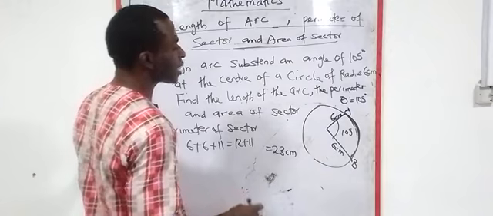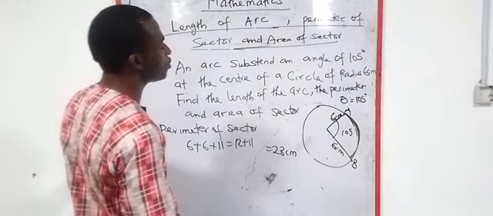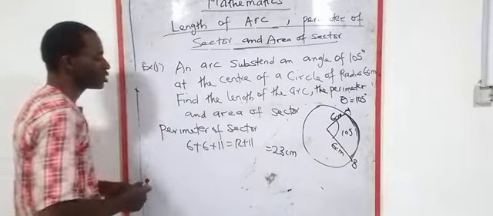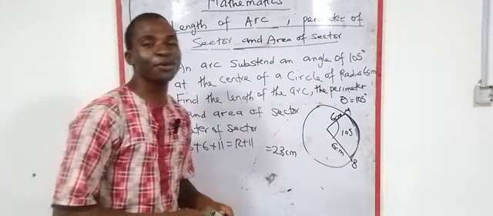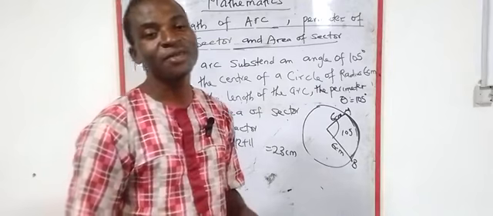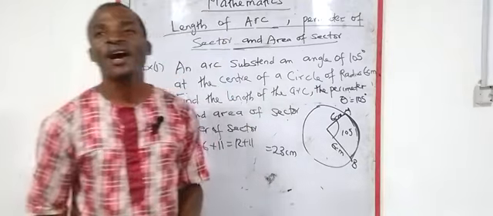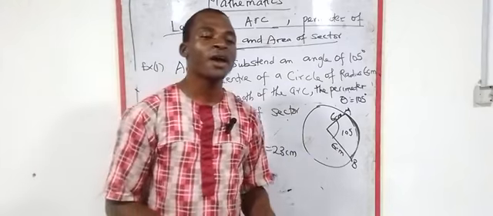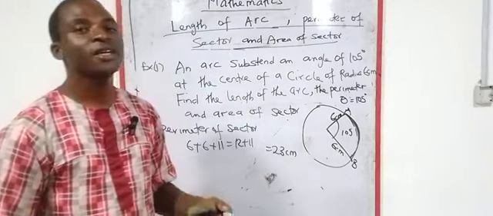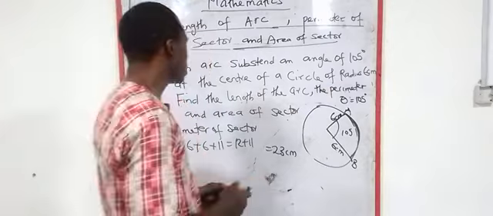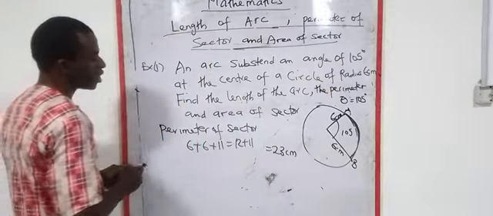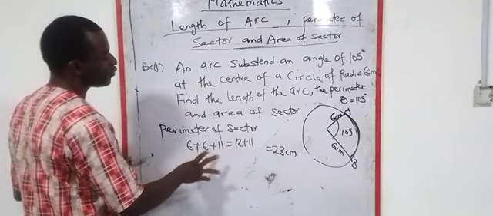Then the last aspect I want to talk about is the area of the sector. Oftentimes people normally mix up the area and the length of an arc. I want to give a clear explanation of what the formula is all about here. Now, we talked about the perimeter of a sector.